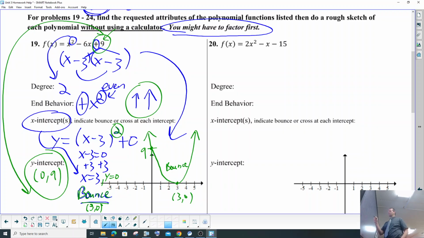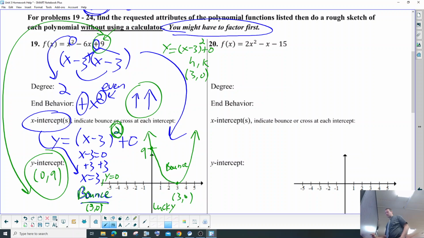We have an x-intercept at 3, 0. And it bounced. Why did it bounce? Because it had a multiplicity of 2. And because that was its x-intercept right where the vertex is. Remember the vertex form? Y equals x minus 3 all squared plus 0, which means our HK is 3, 0.